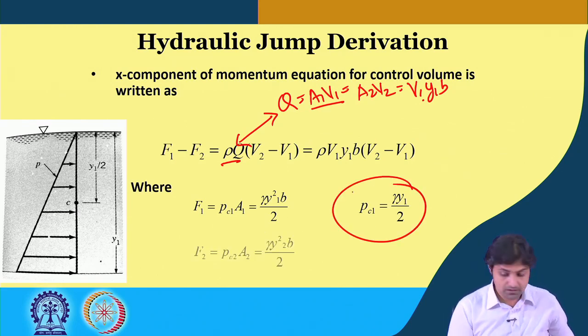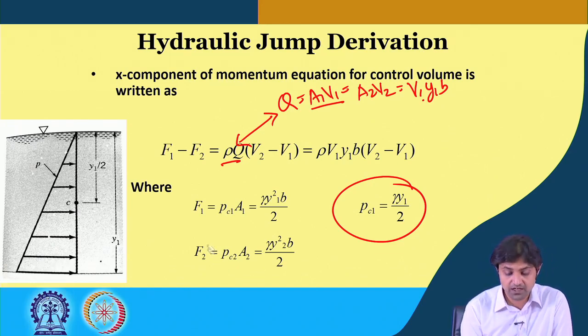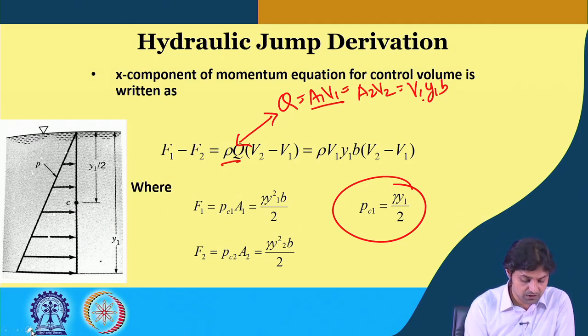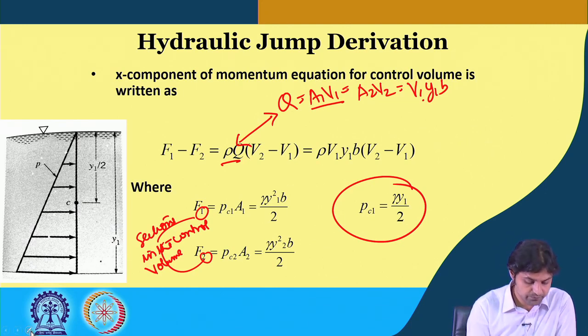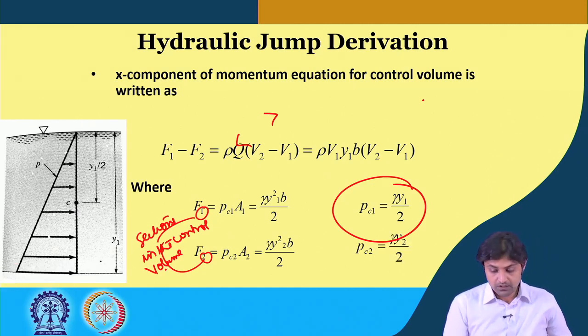Similarly, F2 is going to be the pressure at C2, where 1 and 2 denote the sections in the control volume, and PC2 is gamma into Y2 by 2.